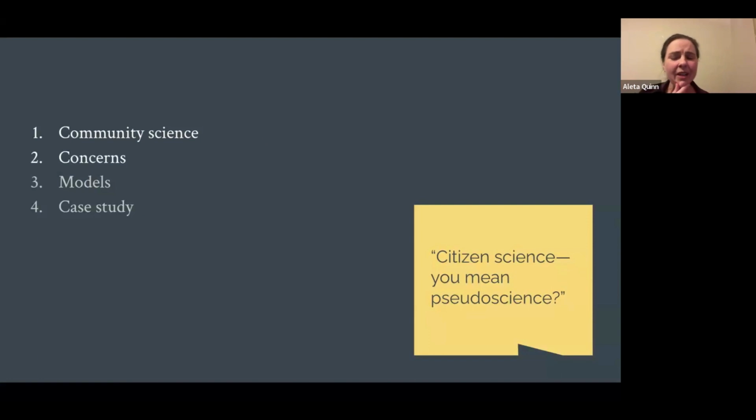But I'm interested in that suggestion of concern. So this, I'm not going to say who this is a quote from, but it's a quote that I overheard from a friend who is a professional scientist and who I trust greatly, and he's a friend, so he can say a thing like this to me when I was interested in this.